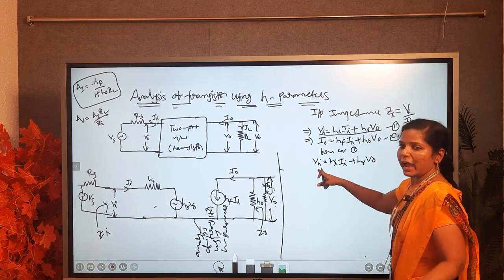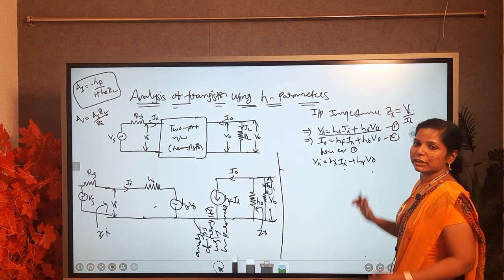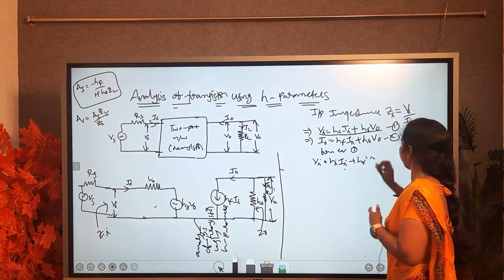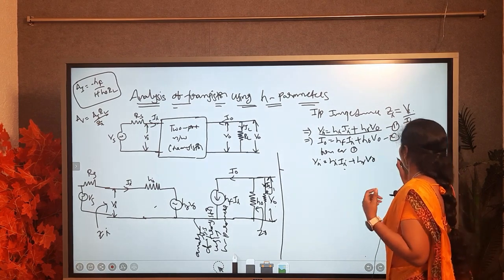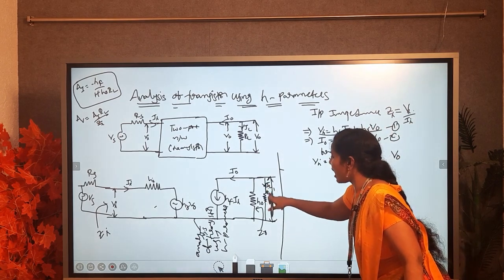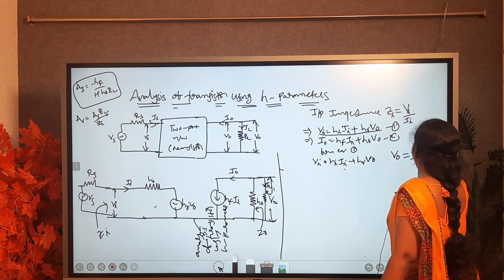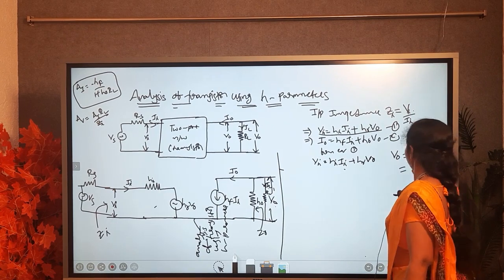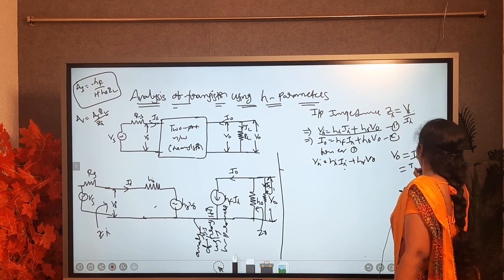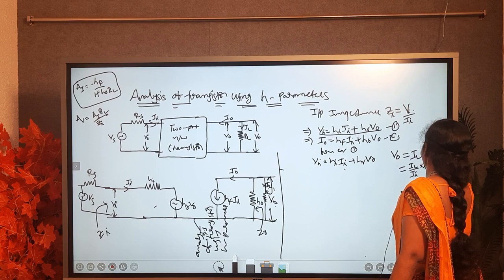In this, Vi same, Ii same, but V naught is different. So, you have to write the V naught equation. We know V naught equals I into R, that means IL into RL. It can be written as IL by II into II into RL.